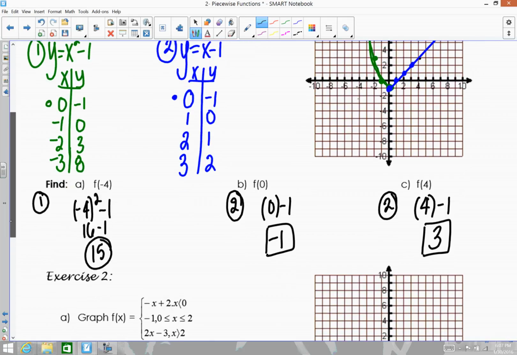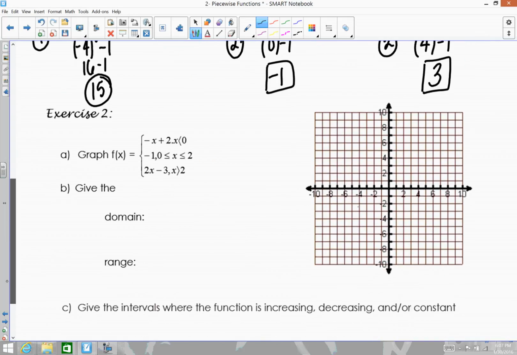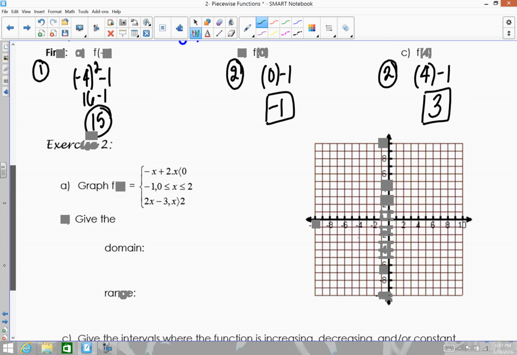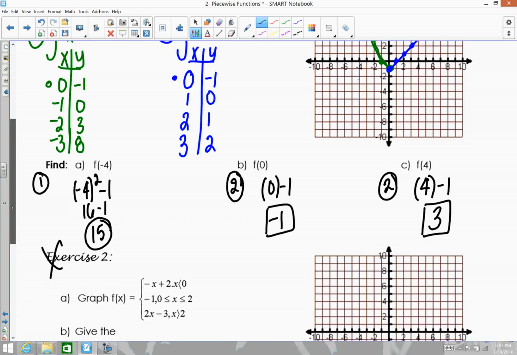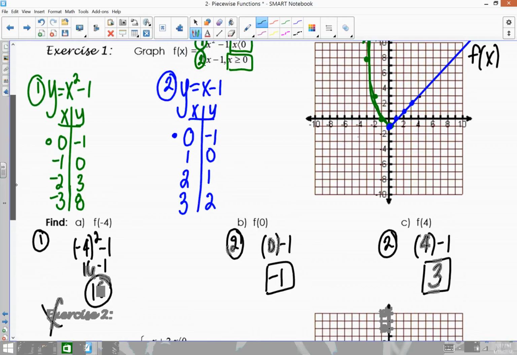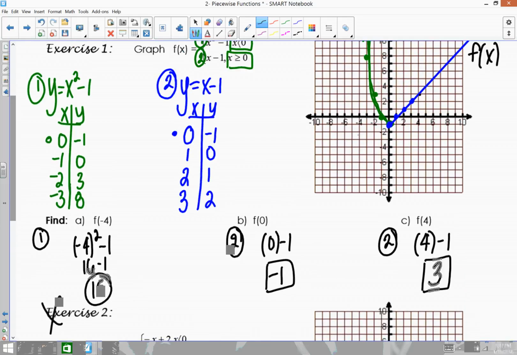Alright, and then the last thing here, before you leave, let's skip this exercise 2, and let's have you guys do the exit ticket. So you should have about 10 minutes left in class. So based on what we just did together, look at the last page in the notes. I believe there's a summary page in your notes, so you can read through that if you want.